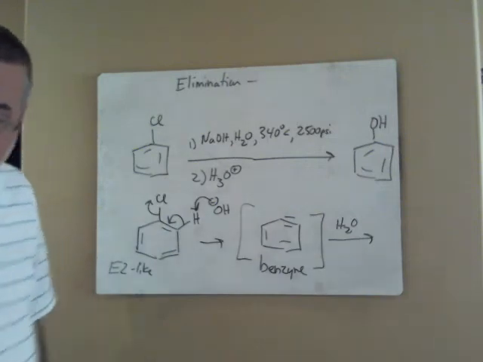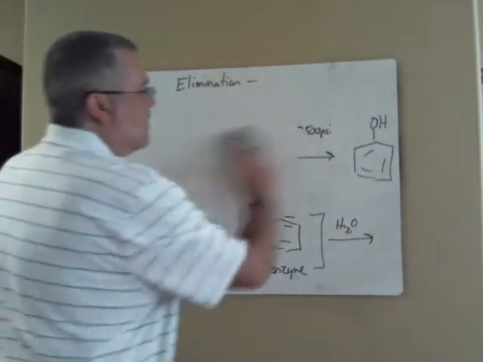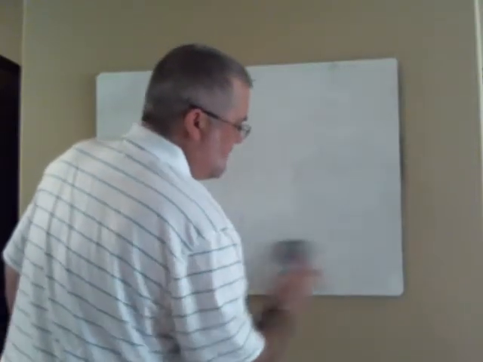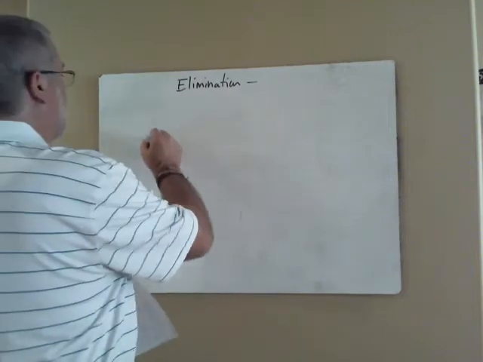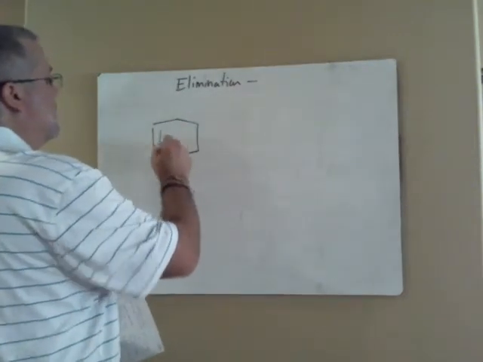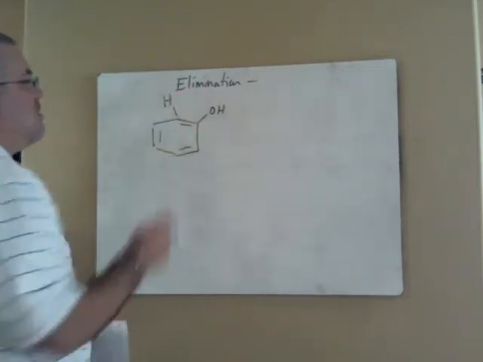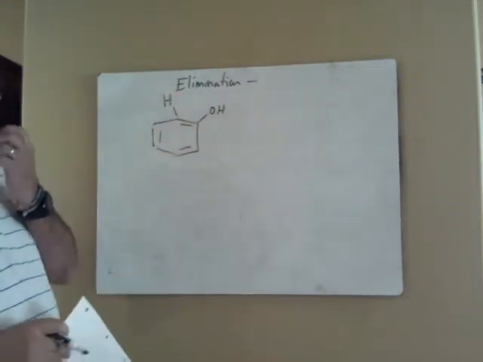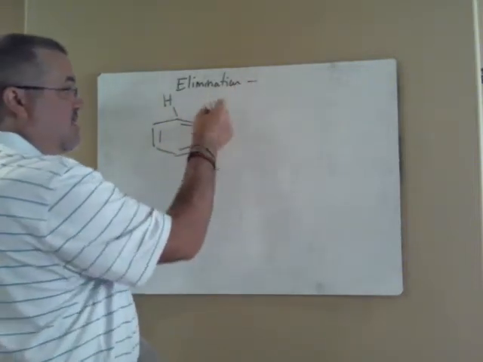I can erase this quickly because you have the power to pause this as you're watching it. If I'm adding water across that, then what happens is I'm adding OH and H across what was that triple bond, and I end up forming what is actually the substitution now.